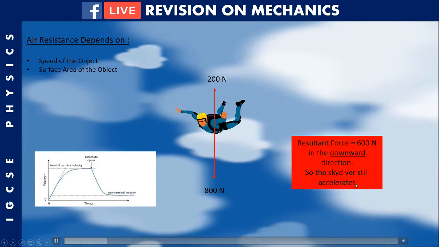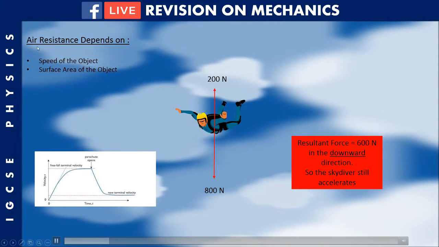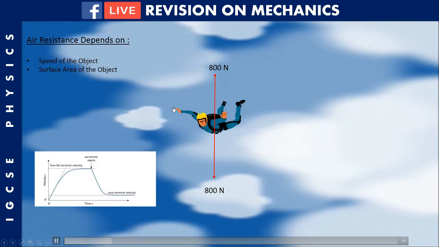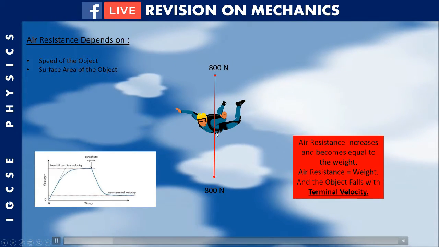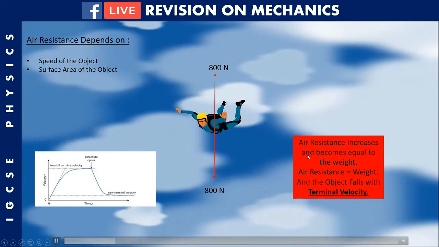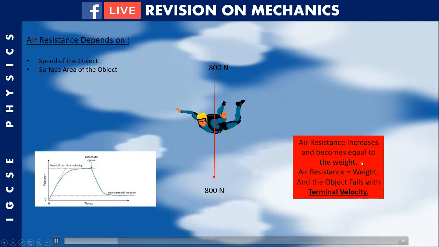So the skydiver accelerates, the speed increases, and when the speed increases, the air resistance will also increase. So at a certain point, you can see that air resistance has increased and become equal to the weight. So what I've written here is air resistance increases and it becomes equal to the weight.